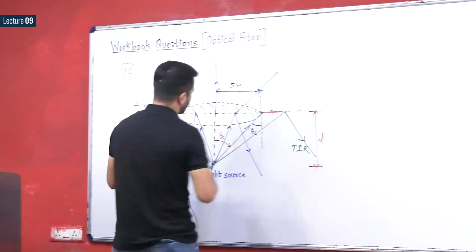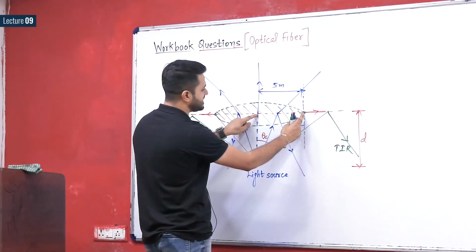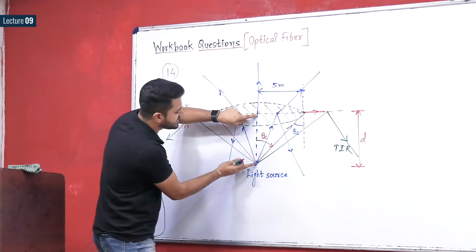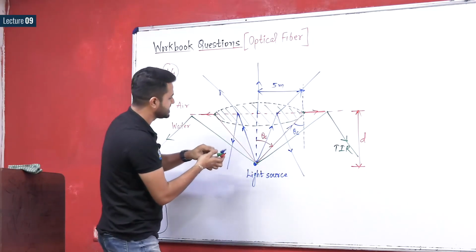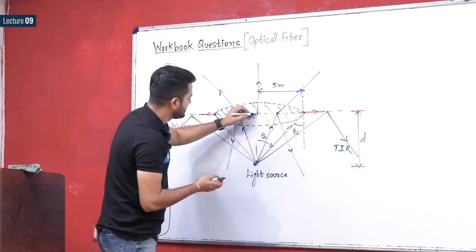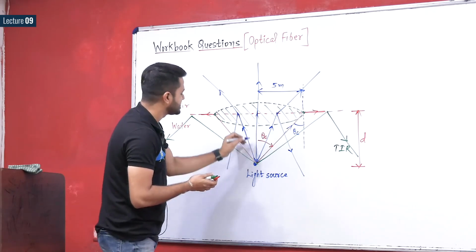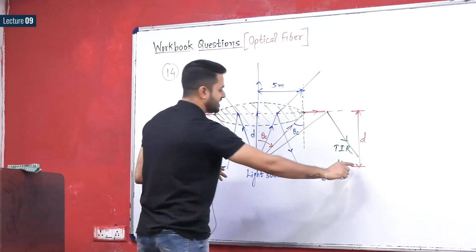So if you want to calculate the value of d, as you can see, we know this distance, which is 5, and we have to find this distance, which is given as d. So this is d. We have to find the value of this d.